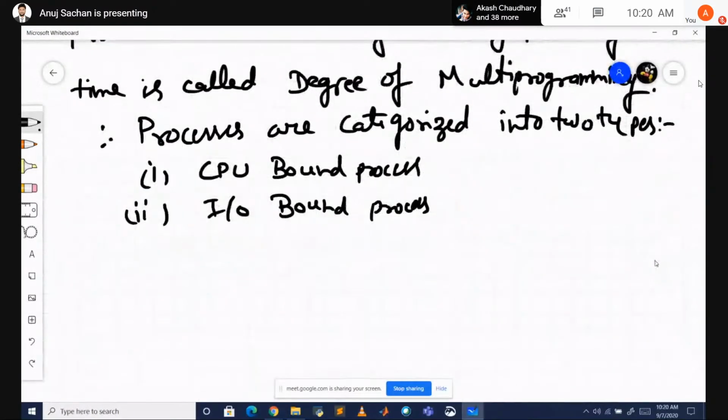सीपीयू बाउंड प्रोसेस में देखो, वो सीपीयू बाउंड प्रोसेस कौन से प्रोसेस होते हैं?